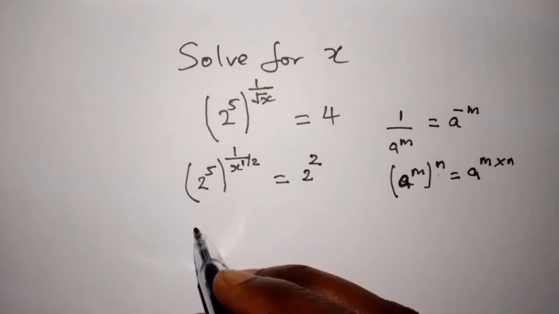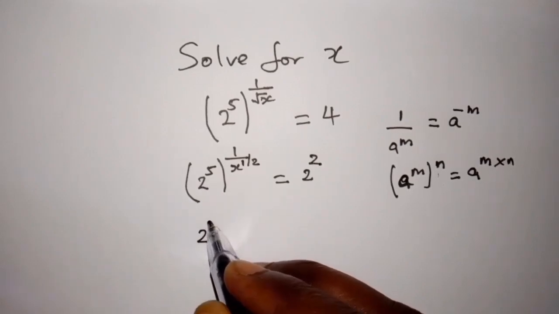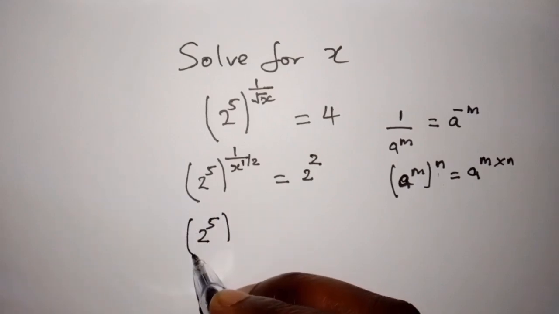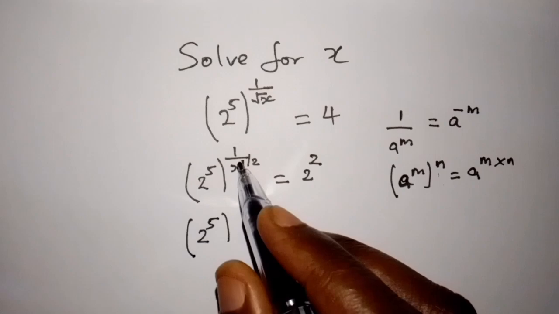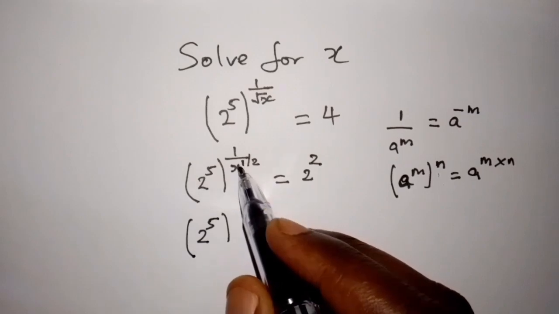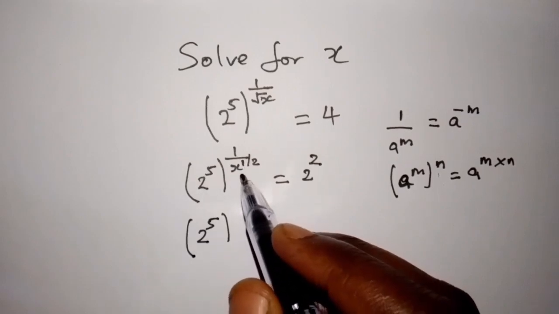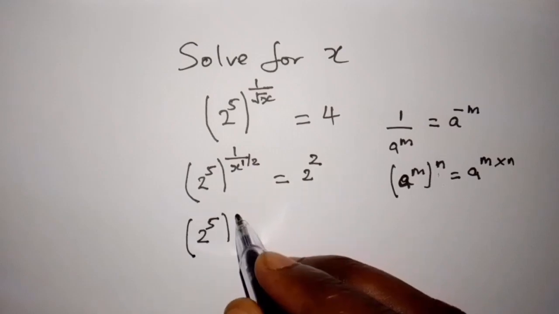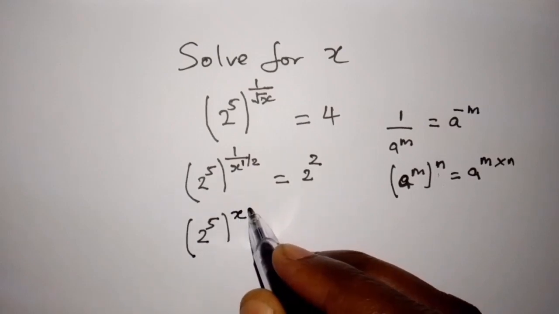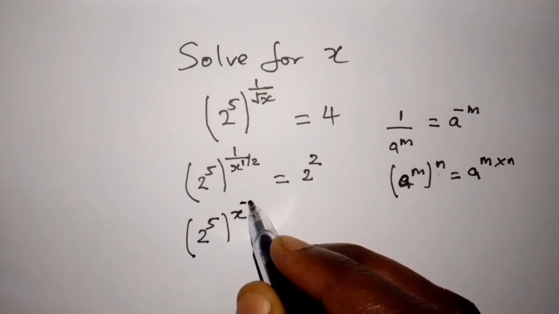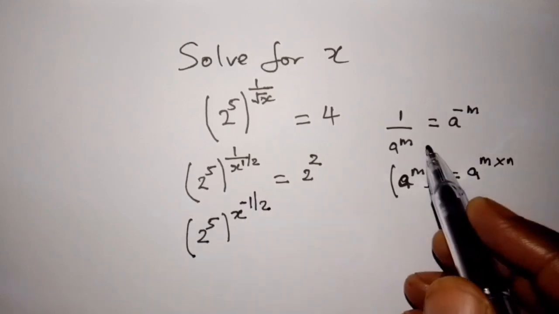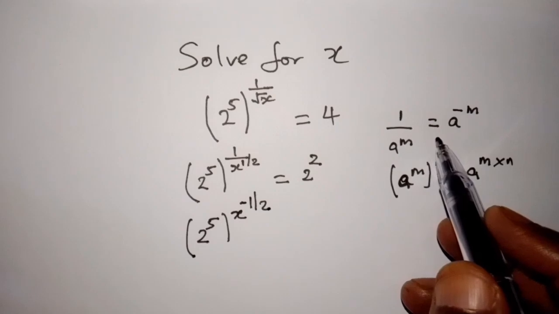This is going to give us 2 power 5 bracket 1 over x power 1 over 2, which can be written as x power negative 1 over 2 according to this rule.